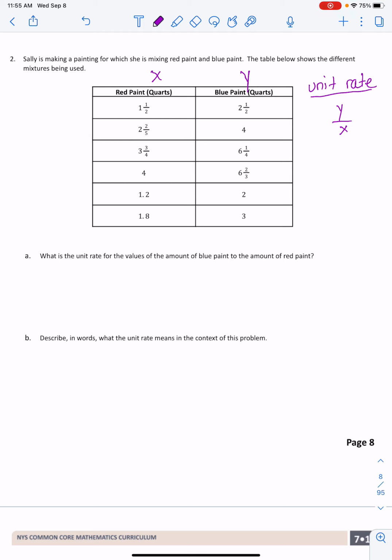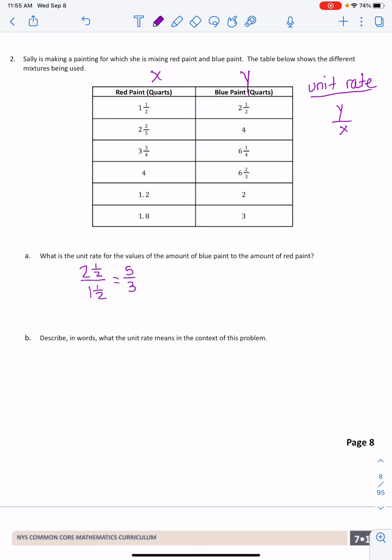Okay? So it says, what is the unit rate for the values of the amount of blue paint to the amount of red paint? So it would be 2 1/2 divided by 1 1/2. So that would be 5/3. So in other words, it would be 5 quarts of blue paint to 3 quarts of red paint.